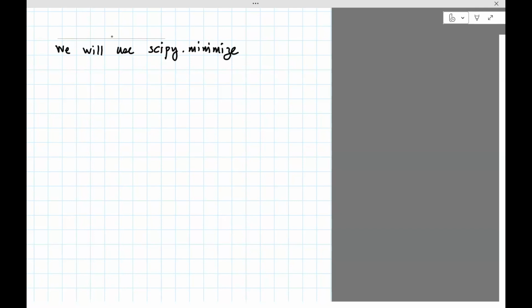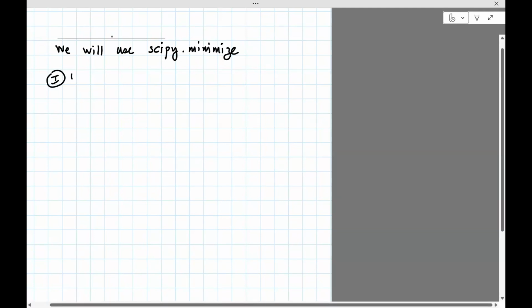Let's just get to the code, but this is the problem we'll be solving: unconstrained optimization.